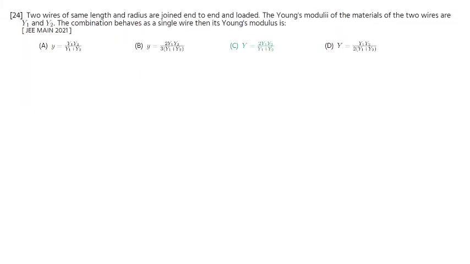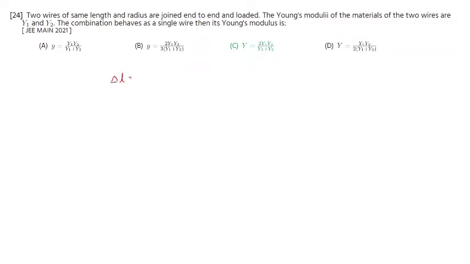Now see the next question, number 24. Two wires of same length and radius are joined end to end and loaded. The Young's moduli of the materials of the two wires are Y1 and Y2. The combination behaves as a single wire, then its Young's modulus is? See children, end to end connected, so we can call it a series combination.